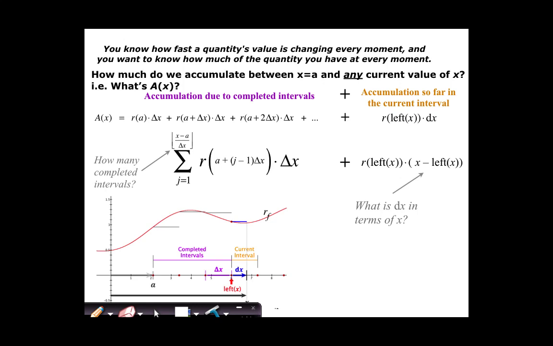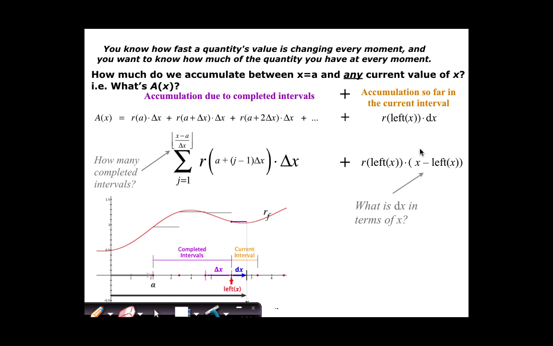But if you break it down piece by piece, it's all based on some basic operations like how many intervals fit in an interval, or how many intervals can I split this into, and our rate times delta x computations. Here's a rate times delta x. There's a whole bunch of them, in fact, this many of them, that use the same width. We've used full intervals. Plus, I've just got one stray term. It's another rate times dx sort of expression.